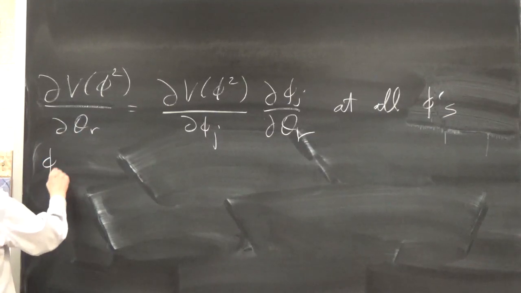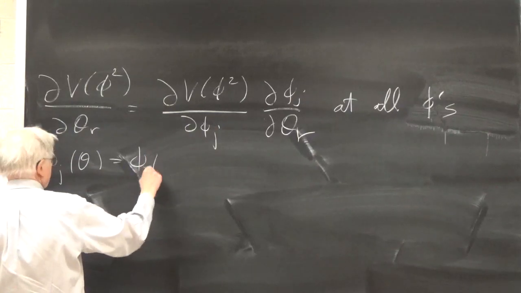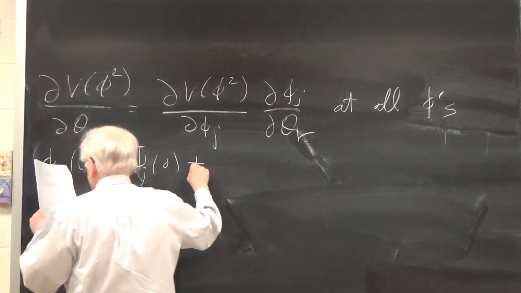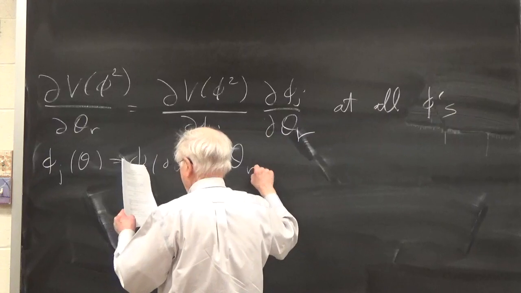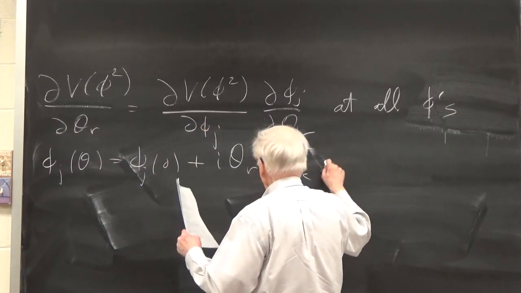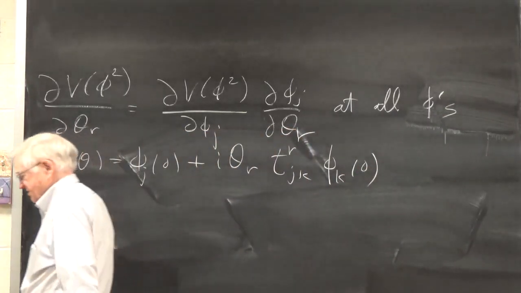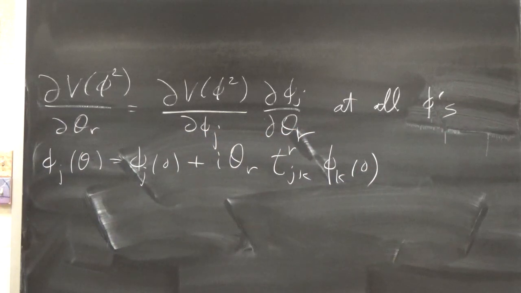Now, in particular, phi j of theta is phi j of 0 plus i theta sub r T sub r jk phi k of 0. So these k's run from 1 to N. We haven't split things up into pi's and sigma. Everything is a phi.